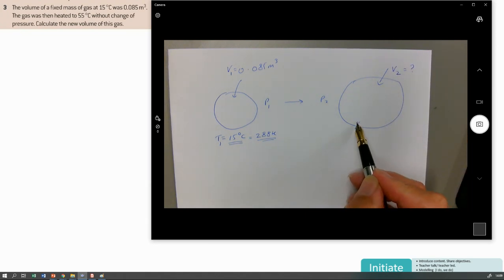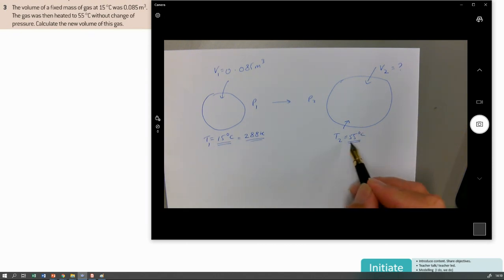But we do know that the temperature is 55 degrees C. Don't fall for it. The number of kids that lose exam marks every year because of sticking that into the sums, it has to be absolute temperature. And that one comes out to be 328 Kelvin. Good.